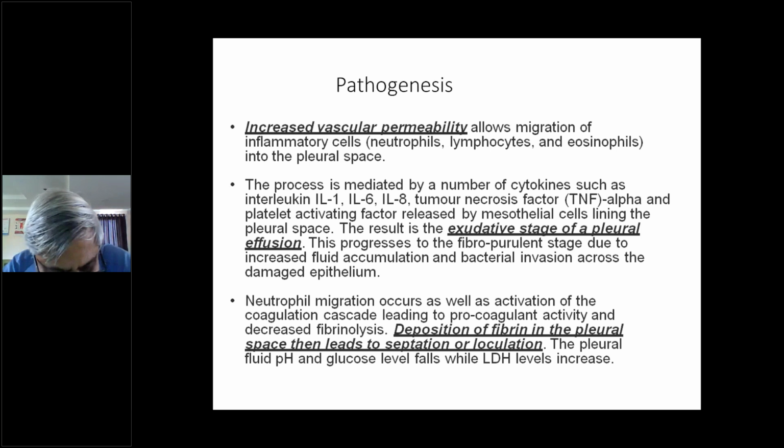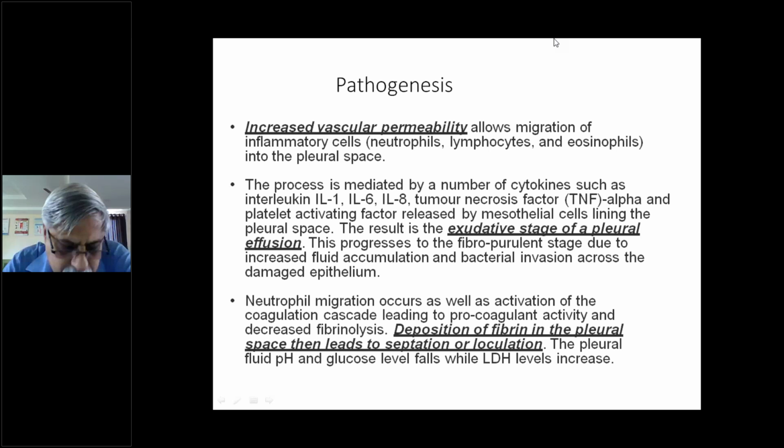Very good. Permeability is also increased. Very good. So pleural effusion occurs in two ways. One is because of excessive production of pleural fluid, and the other is decreased transportation of pleural fluid from the pleural space.